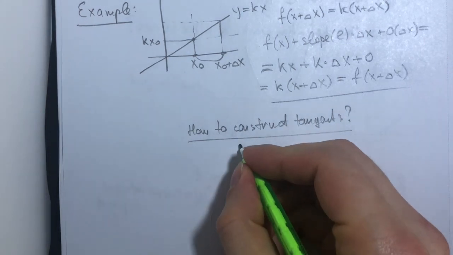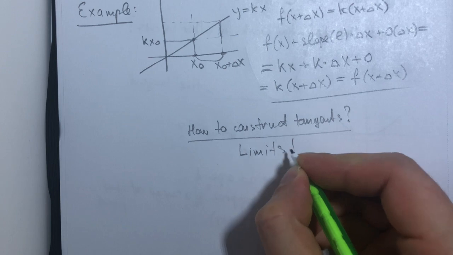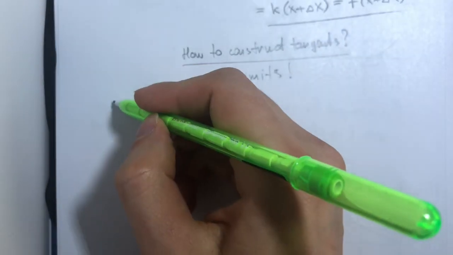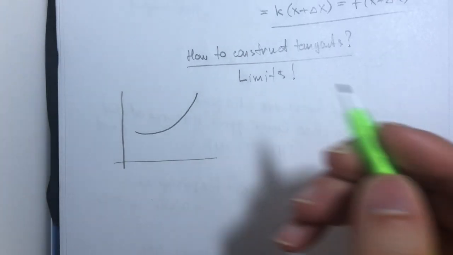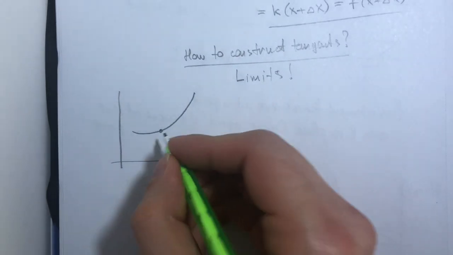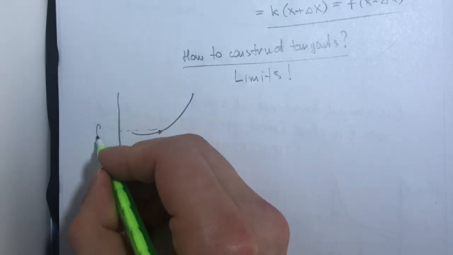We will, of course, use techniques from calculus, and limits will help us. So here's what happens. We again have a function. We want to construct a tangent at the point x.